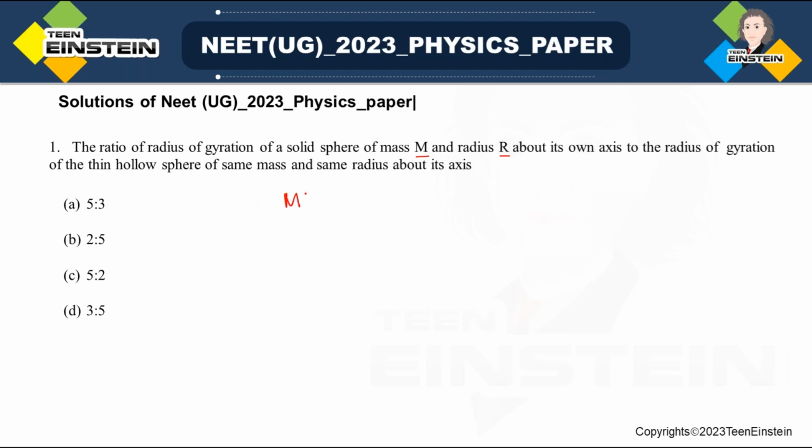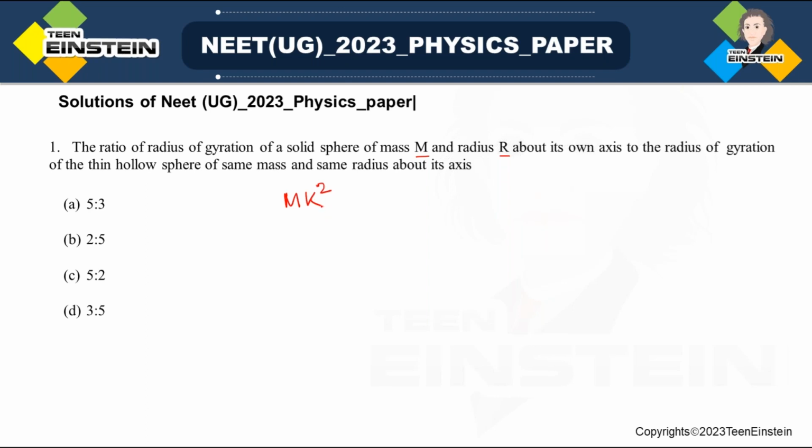Radius of gyration, suppose K is the radius of gyration, is just a distance from the axis of its rotation or its symmetry axis.